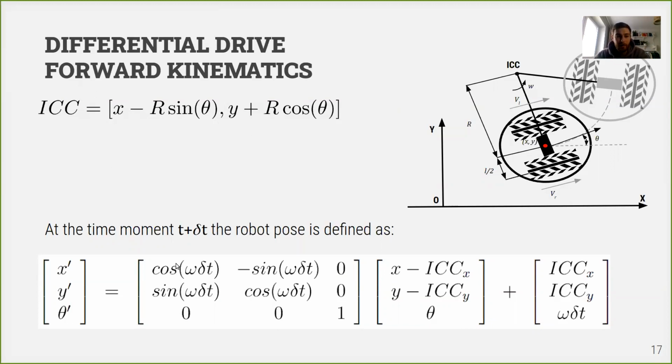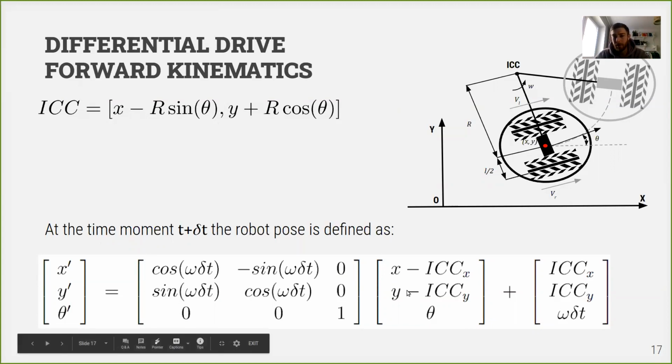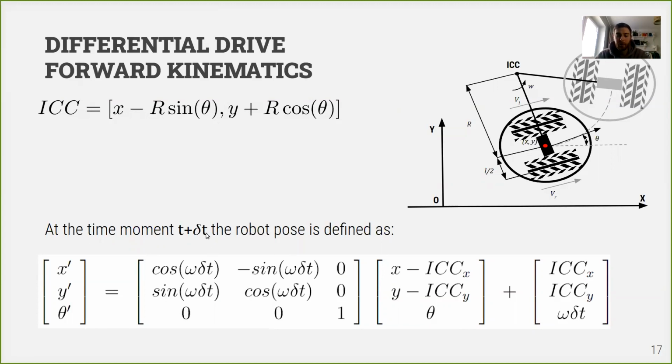And using this, we can derive the future pose of the robot using these equations written in matrix form. Here, delta t is a time increment, which we use to predict the robot pose in the future. But just by using simple geometry, we obtain these equations. So x dot is the future pose where x is the current x coordinate and so on.